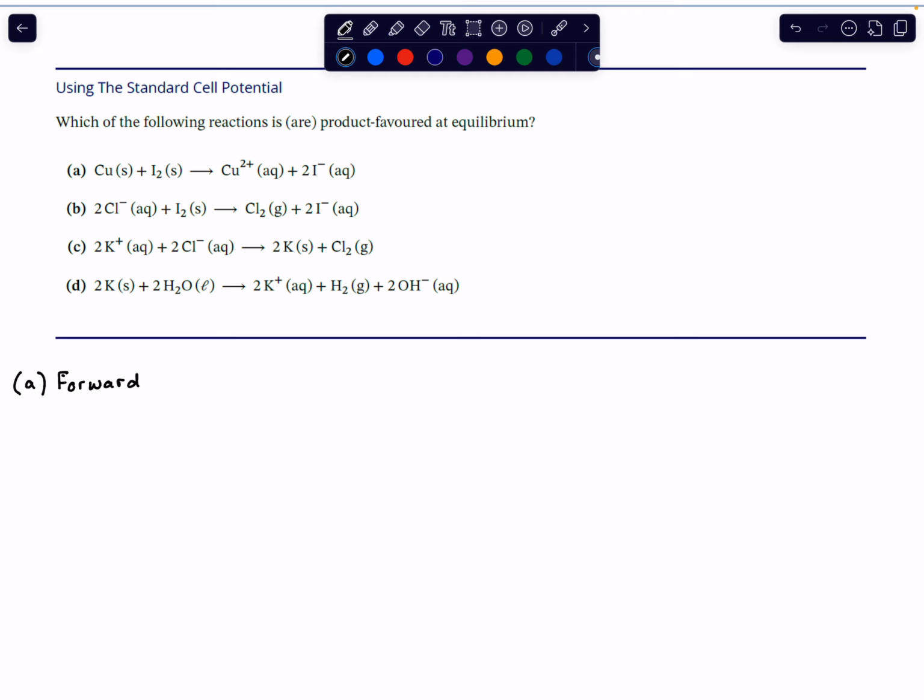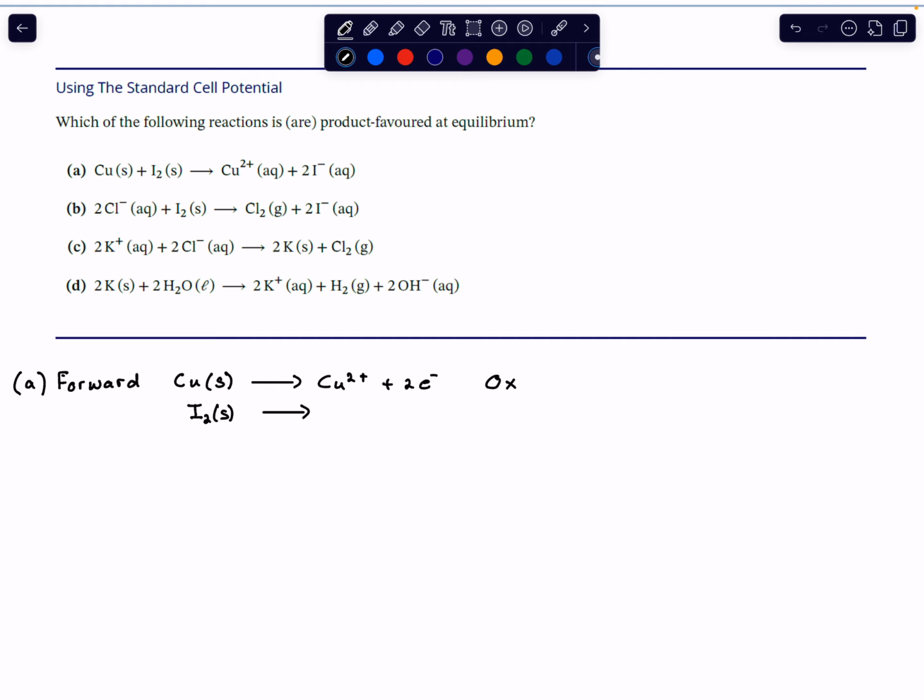In the forward case, we can see that copper solid would need to go to copper 2 plus plus 2 electrons, so it's being oxidized in the forward case, and iodine solid is being reduced.